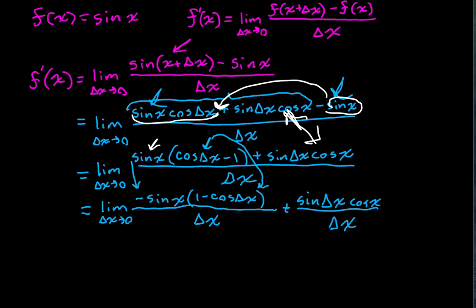Now I'm going to use, what should I do? Well, now that I have two terms like this, I'm going to use one of the limit rules and rewrite this.